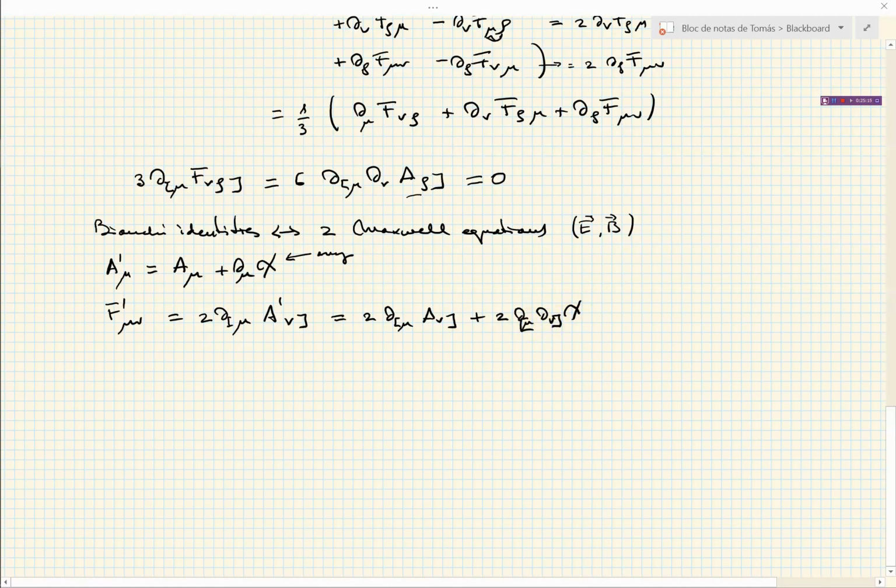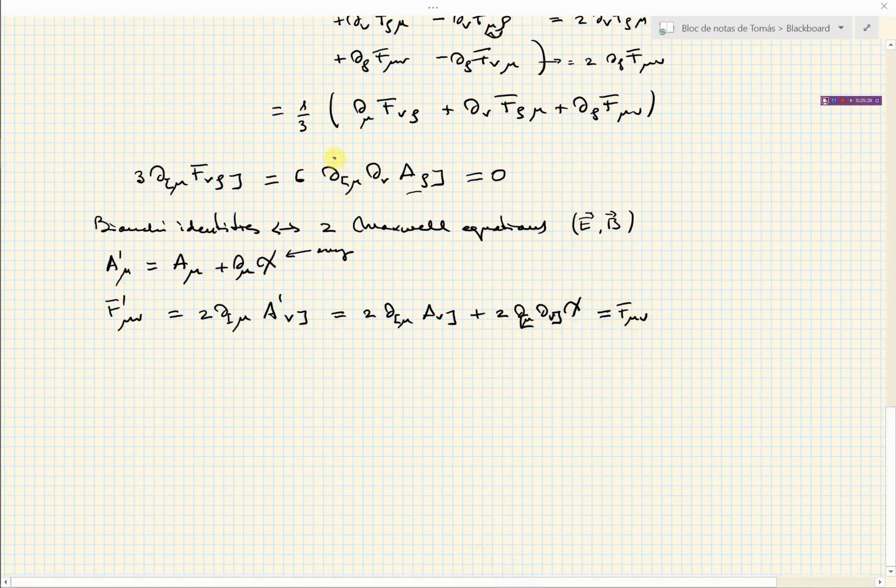The first term just gives F_mu nu, but the second term is 0 because of the same effect that we noticed here. You antisymmetrize 2 partial derivatives. Since they also commute, this gives you 0.